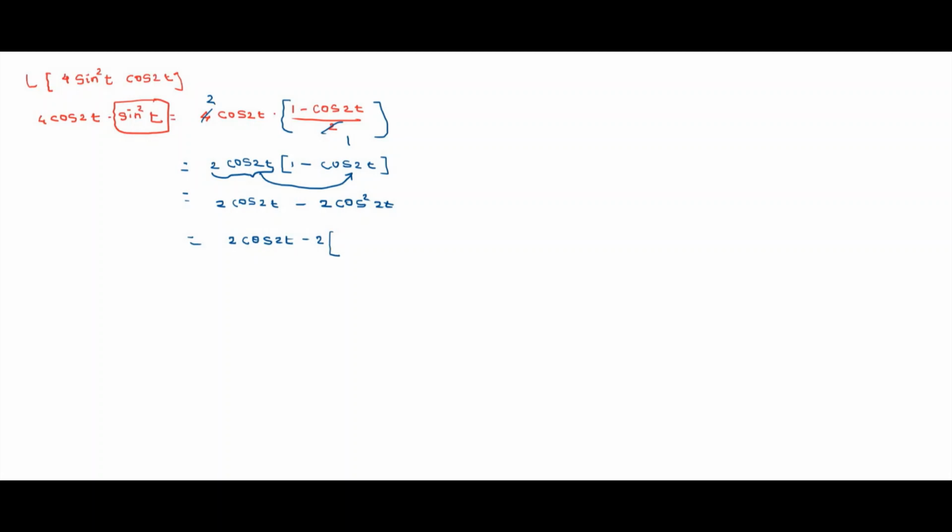Now what is the formula for cos square 2t? We know that cos square x can be written as (1 plus cos 2x) divided by 2. Only in place of x we have 2t, so x is replaced by 2t, giving (1 plus cos 4t) divided by 2.